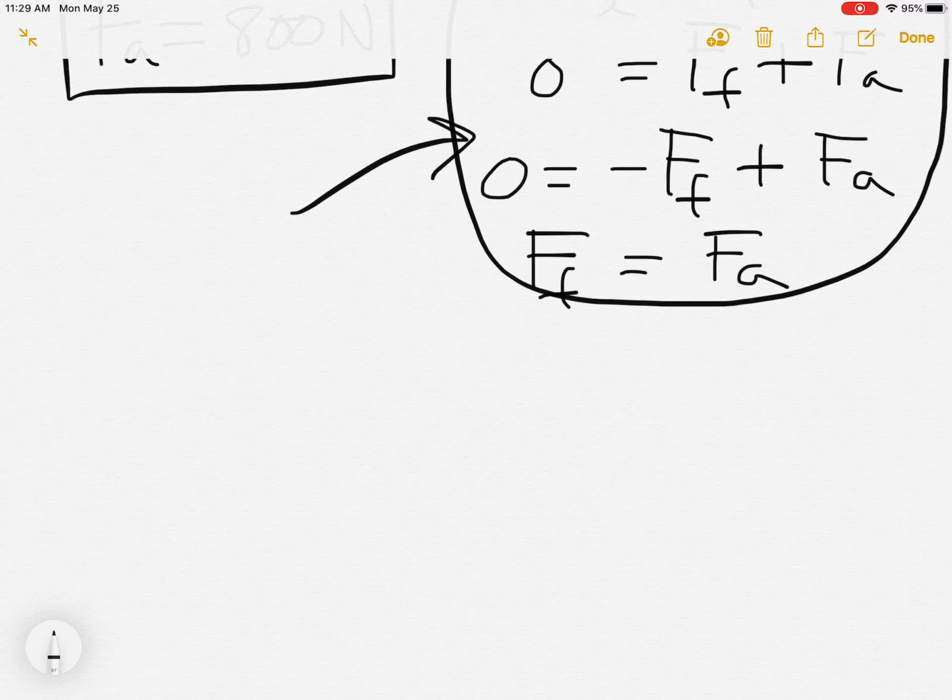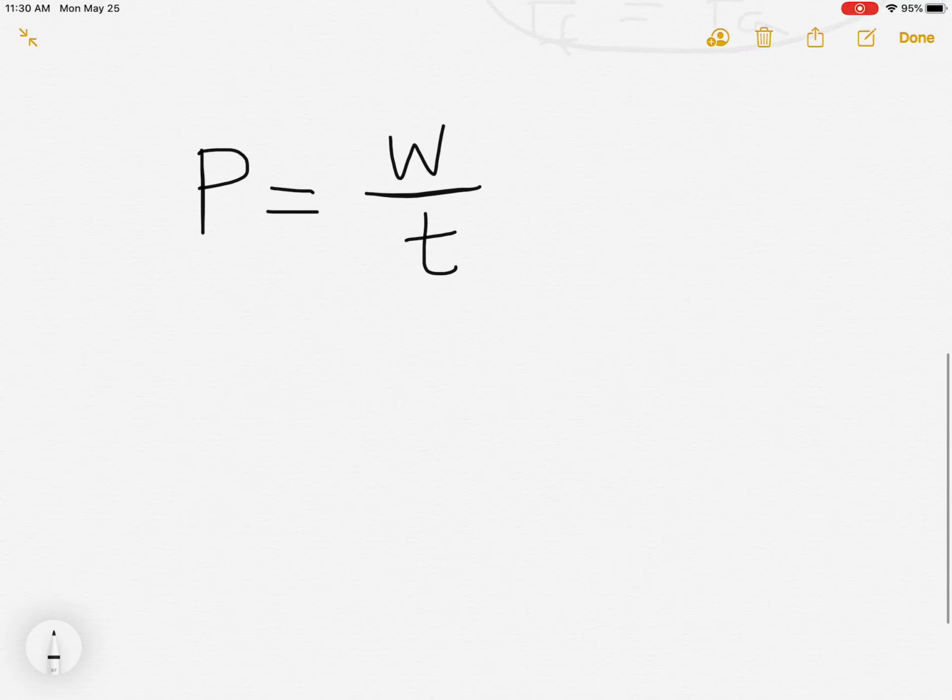But work, power, energy, all of these things, there's really no equation we have that has a v in it. But watch this. Remember that power, because it's asking about the power of the jet ski, power is the amount of work done or the amount of energy used in a certain period of time. So this is an equation we have for power, work over time.